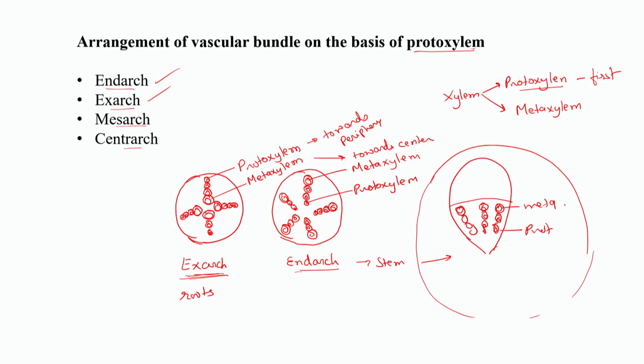Now, you will have another condition which is known as mesarch, in which protoxylem is surrounded by metaxylem. In mesarch condition, you will have protoxylem in the center and surrounded by metaxylem on the outer side.